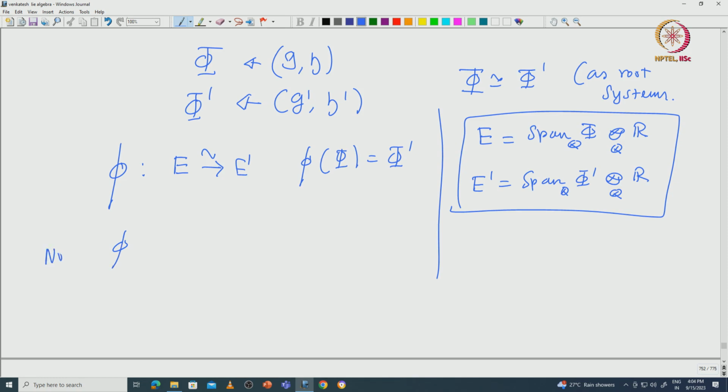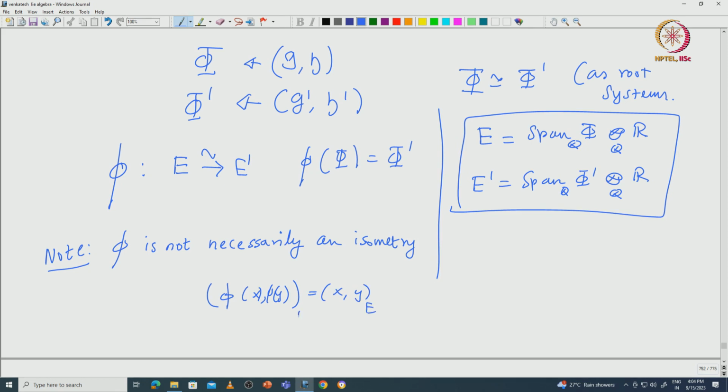Note pi is not necessarily an isometry. An isometry is something that preserves distance, that means the inner product of pi of x, pi of y should be the same as the inner product of x, y. This is defined on E, this is defined on E dash.